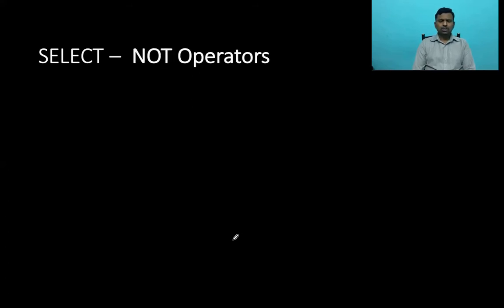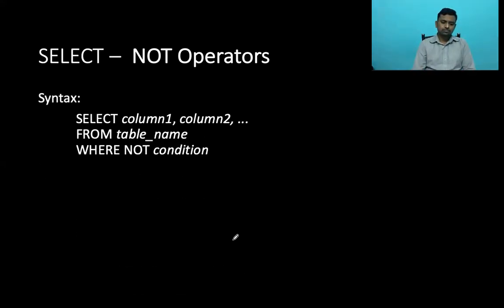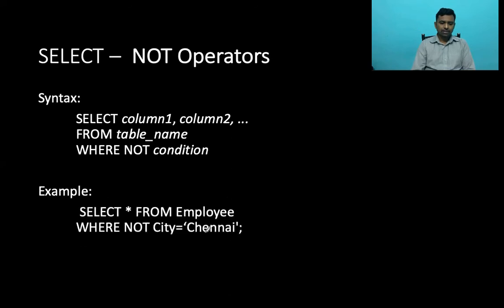Not. Not is just a negation. When I say people who live in Chennai, I'll say where city Chennai. When I say not, it means people who don't live in Chennai, print them. Right? So here I say select star from employee where not city equal to Chennai.